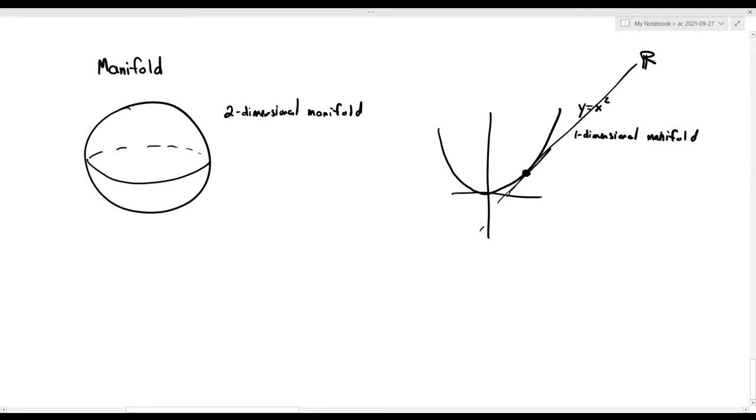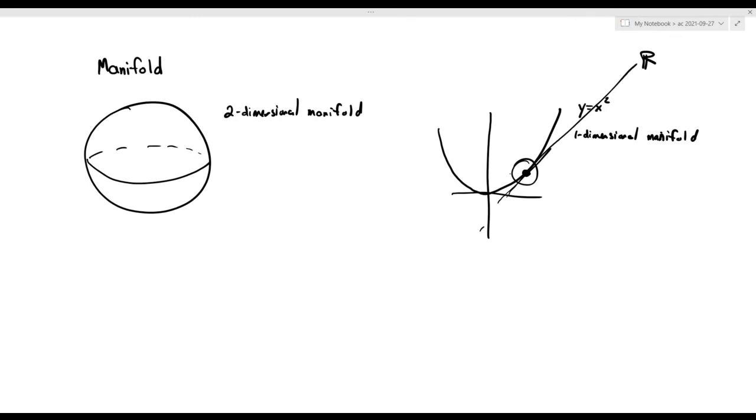So it can be at least approximated by just R, a copy of R. So if you could do this for any point on the curve, you can draw a unique tangent so that the tangent space is one-dimensional. Then locally at each point of the curve, you're living in one dimension.